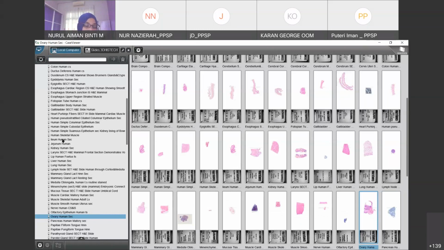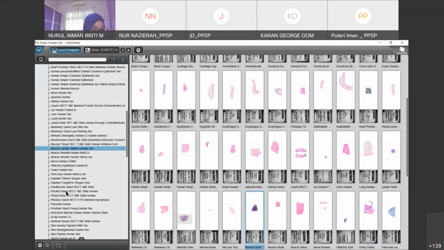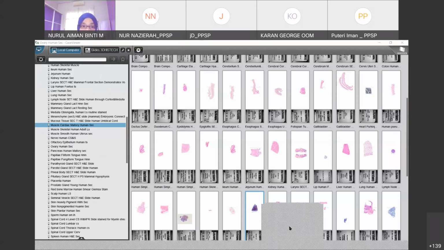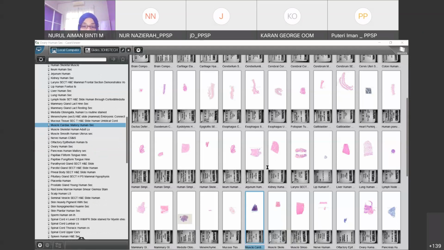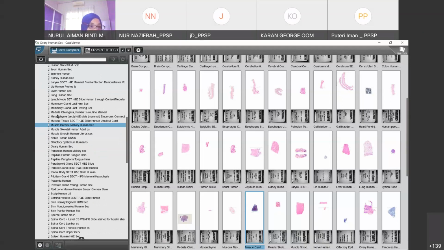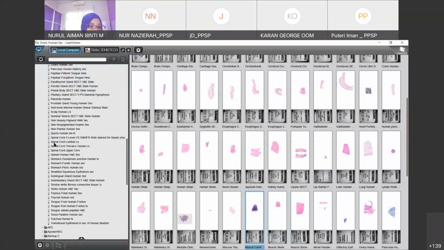We go towards, wait, I want to show you simple columnar epithelium. Simple columnar is inside the simple stratified columnar respiratory. Secretory duct or urethral gland. What else? Simple columnar. Do we have ejaculatory duct here?